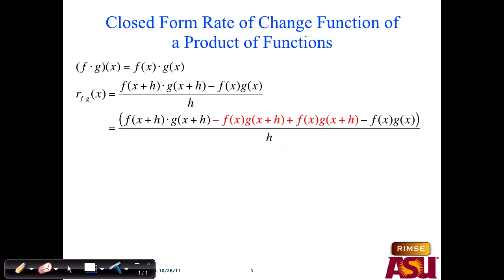From the first 2 terms, they both have a g of x plus h. If I factor out g of x plus h from those first 2 terms, I'm going to have f of x plus h minus f of x left. And that's starting to sound good.